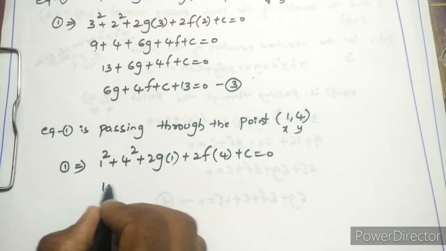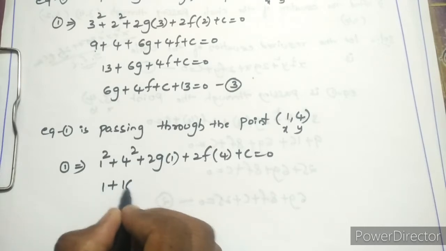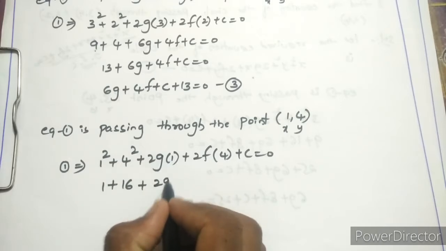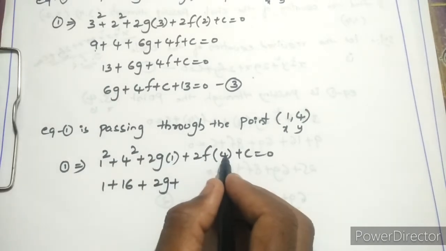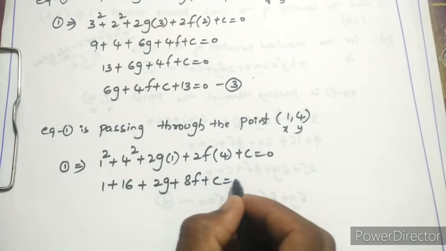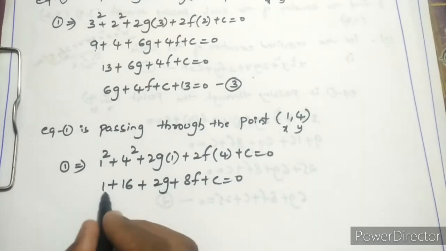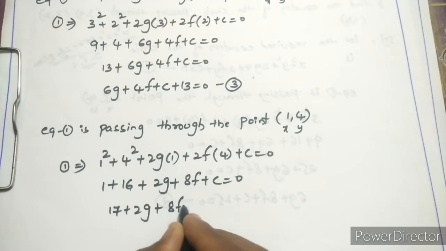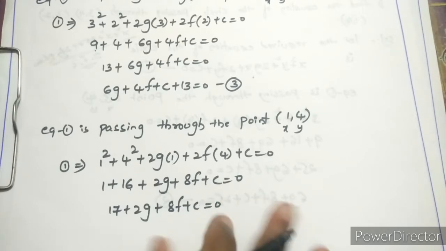So 1 square value becomes 1 plus 4 square value becomes 16 plus 2 ones are 2, 2g plus 2 fours are 8, 8f plus c is equal to 0. So 16 plus 1 becomes 17 plus 2g plus 8f plus c is equal to 0.